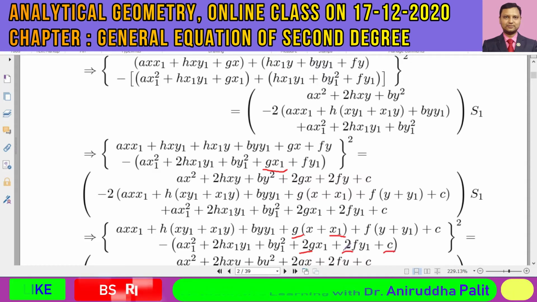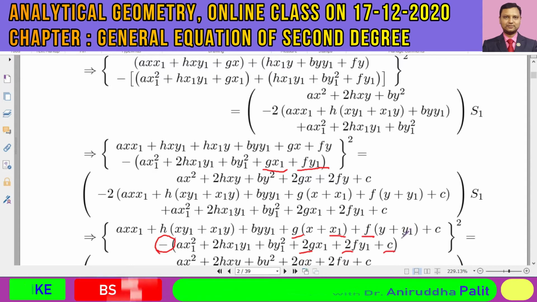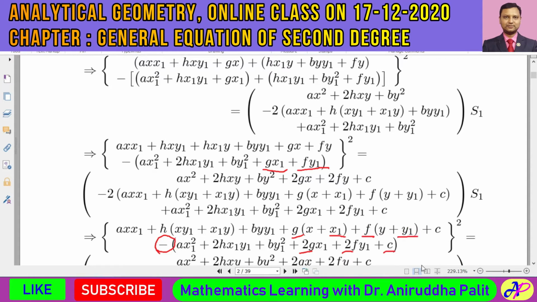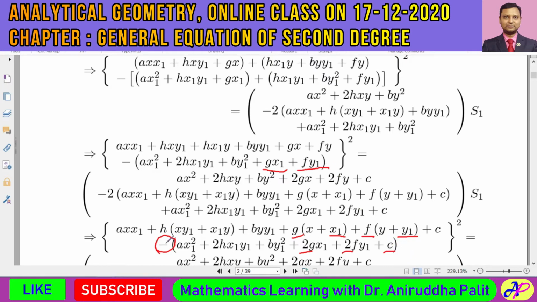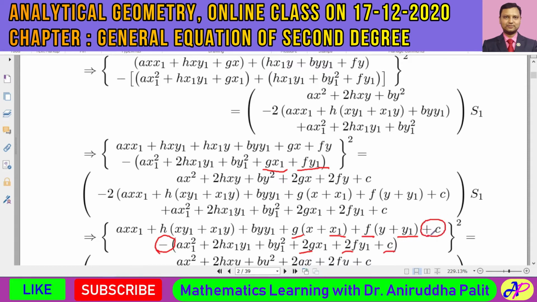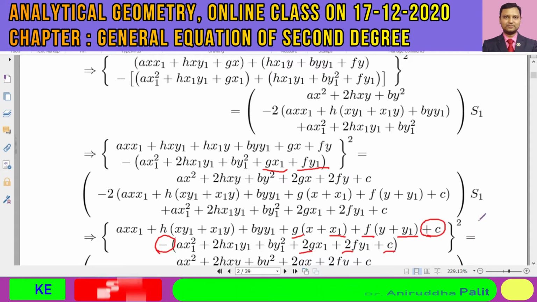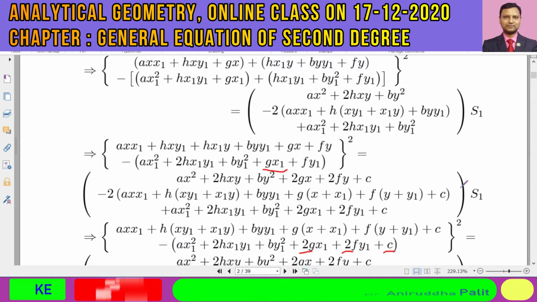Similarly, over here we have 2 f y1 with this negative sign, but previously we had only one single f y1, so we need to adjust one more f multiplied by y1. These are adjustments. Again, we have one extra c with this negative sign, so we need to adjust this negative c and write a positive c over here. In this way, we are making all the adjustments on the left hand side.